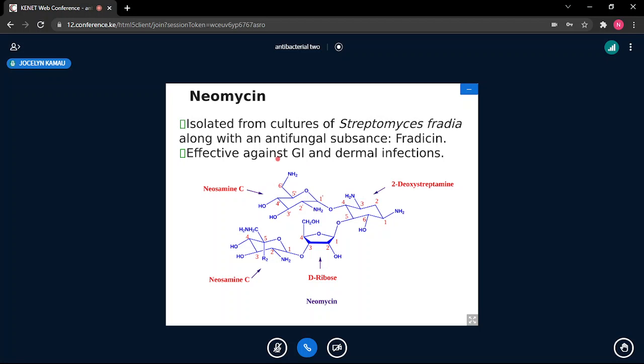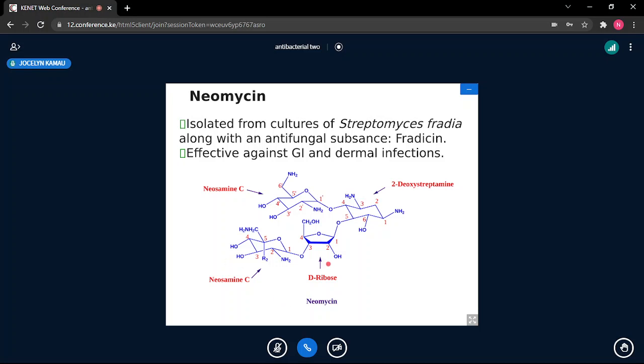And it will differ slightly with the substitution. So again, you find it has the ribose sugar. That is your amino sugar there. This again is your 2-deoxystreptamine, as I said, repeated, glycosidically linked with the ribose sugar, and then the ribose sugar again glycosidically linked to the amino sugar.